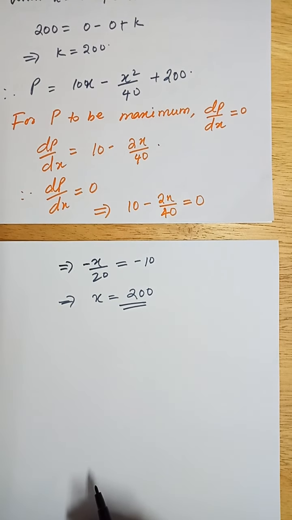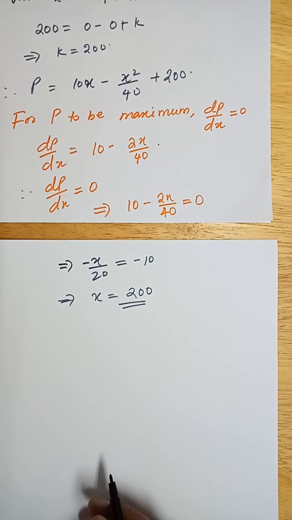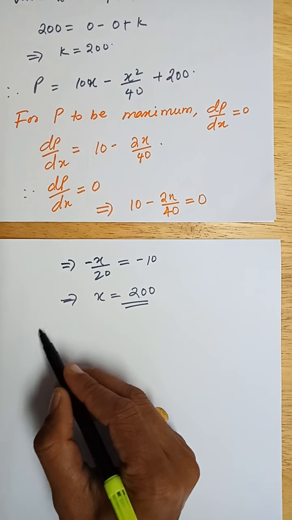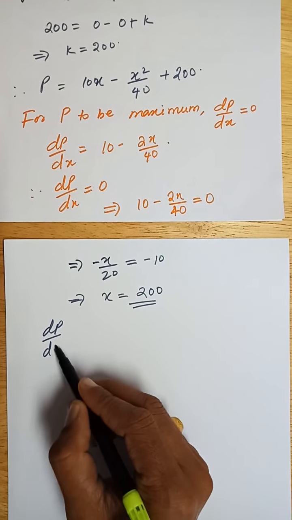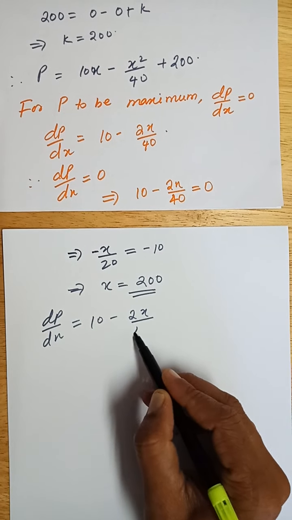So now you got the value of x. Now you find the second derivative and see whether it is greater than 0 or less than 0. Therefore you have dP by dx, you got it as 10 minus 2x divided by 40.